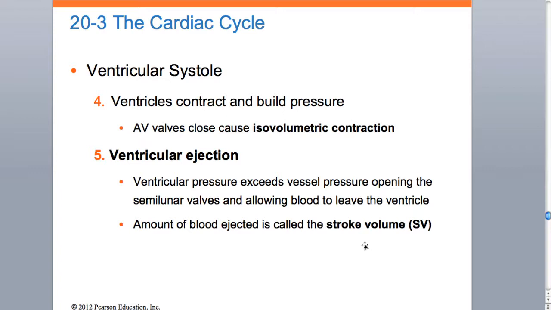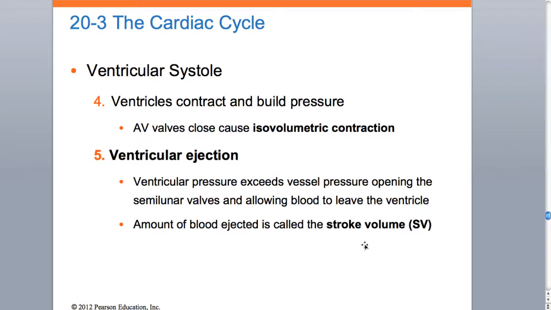So 40% of 130 mils, which is about 50 mils, will actually be remaining in the ventricle. Now, is that a good or bad thing? To some degree, it is actually a good thing. We'll see that a little while later.